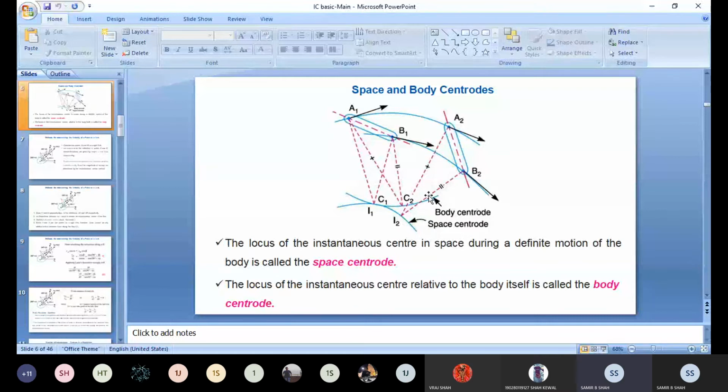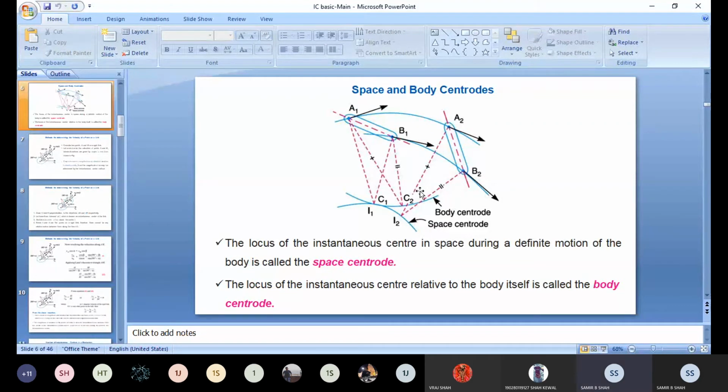A later consideration will show that the point C2 will coincide with I2 only if triangle A1 B1 C1 and triangle A2 B2 C2 are identical.